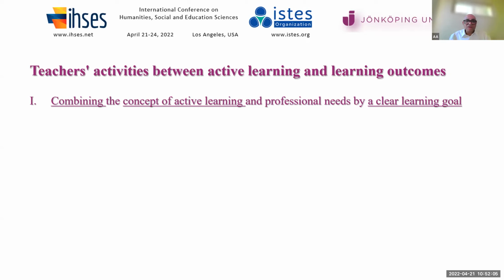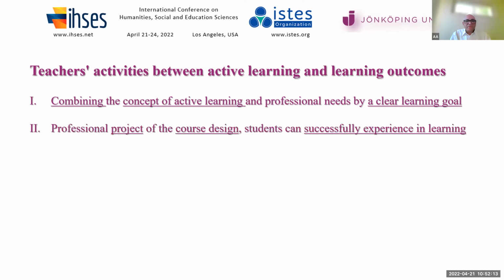So how can we combine this concept of active learning into clear learning goals? This is the first, and the project, I mean the thesis, relates to course design. We start not from the lecture but from the course design, and how we can help students have successful experiences in learning this area.